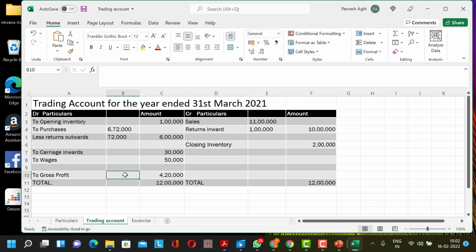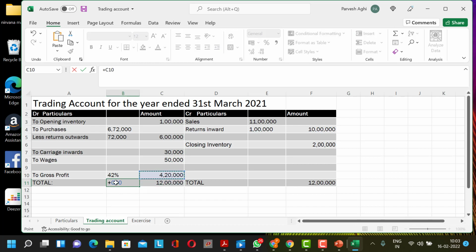And now you want to know what is my gross profit margin. So you put this number and go to, you're basically on, if you want to arrive at sales, then you can arrive at sales, which is 42%, and make it 42%. You can make it as a percentage here also. Okay, so your gross profit is 42% on your sales, but you can even arrive at your cost also. Okay, so for doing that, put your cursor here and 4,20,000. So in that case, basically you have to make a total of this also. Okay, this is a bit complicated here.